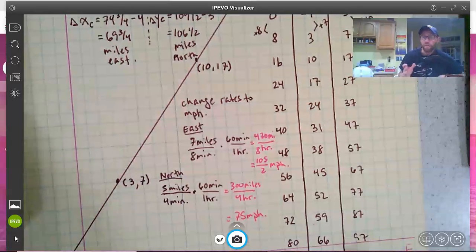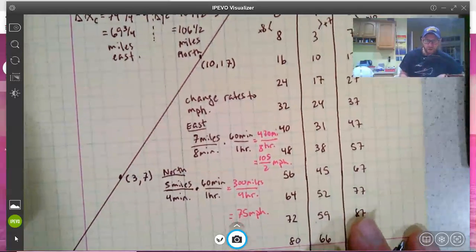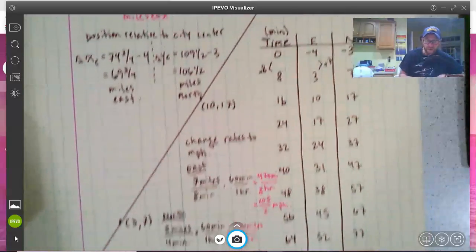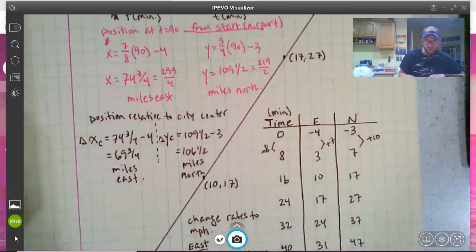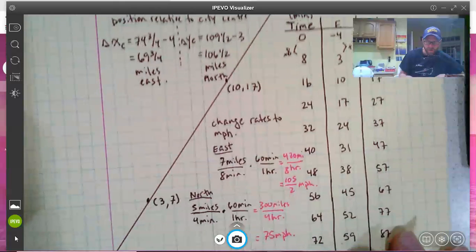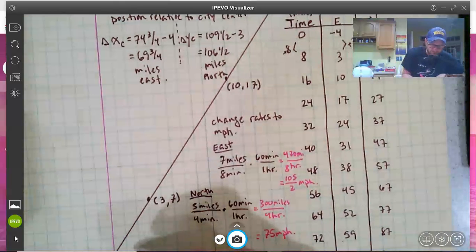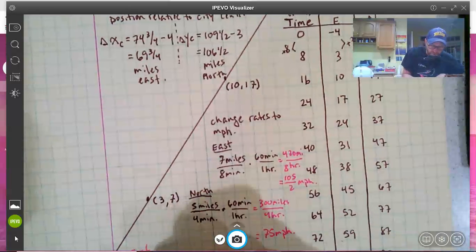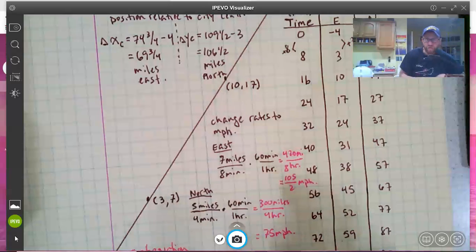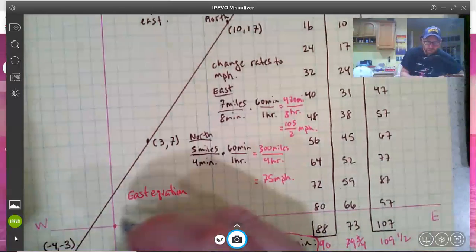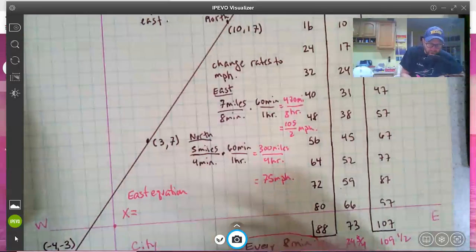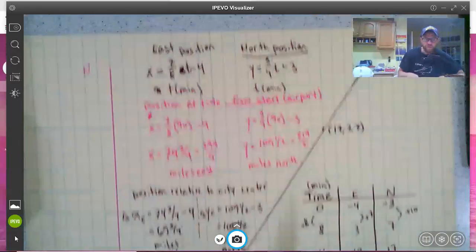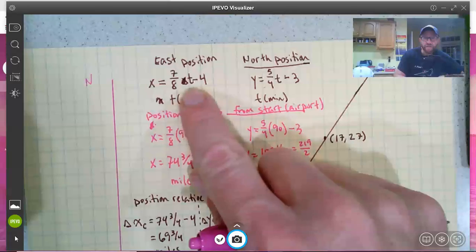So I can now rewrite my 2 equations. So the east equation, I'm running out of space here to put these things. It's not going to be easy to read later. Let's put east equation will now be x equals, and our original equation was 7/8 t minus 4, because 7/8 was our rate.